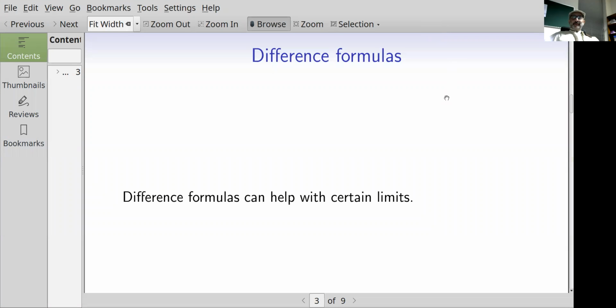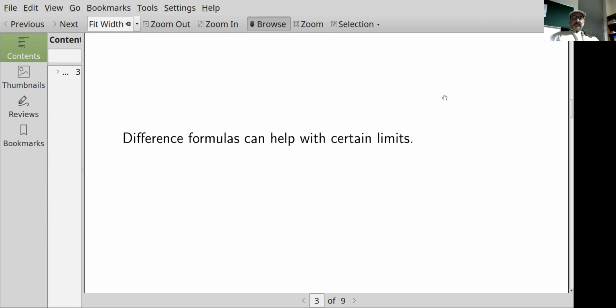Okay, so we continue with our discussion of how to evaluate limits by recalling a formula you might have seen for the difference of positive integer powers.